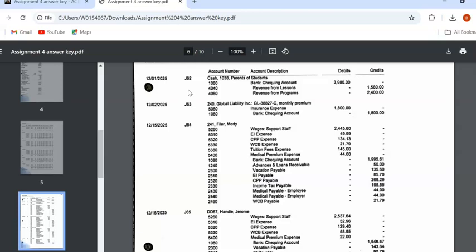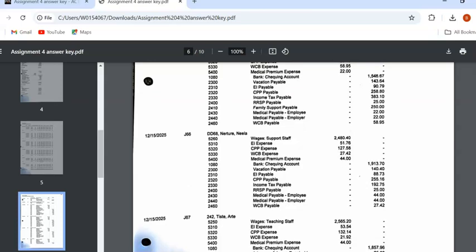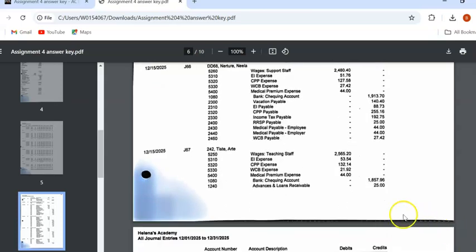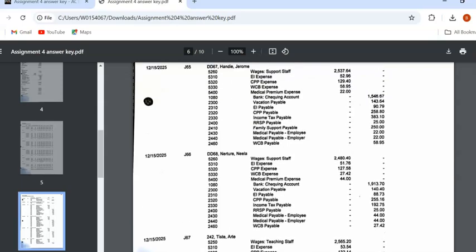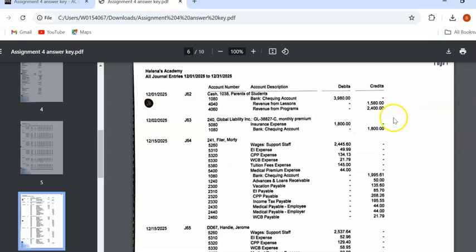Because of that, a few of you lost points, because the original pay for Art didn't show up, and neither did the correction. Those were two required journal entries, because you created it, then had to delete it, and then add on the vacation pay. So unfortunately, some points were lost there.